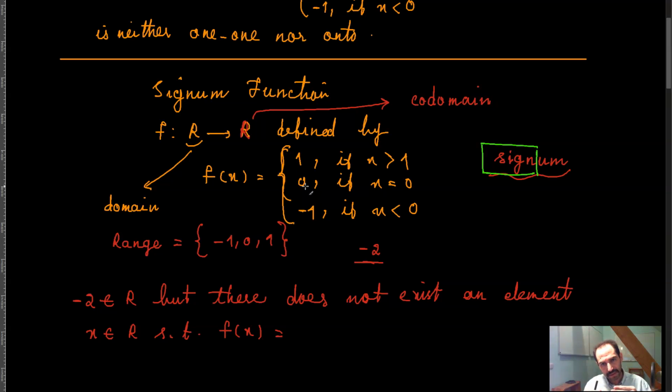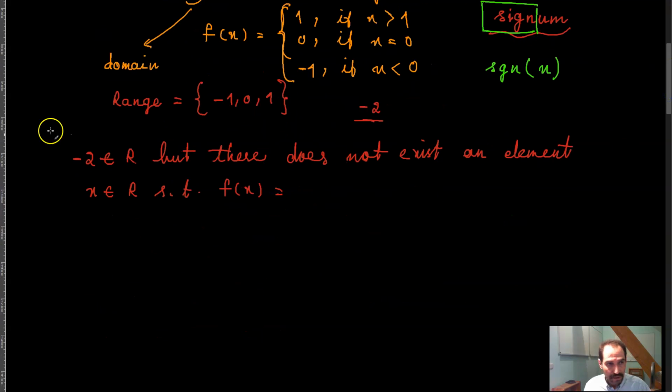If x is any negative number, then your output becomes -1. If x is 0, having no sign, then your output becomes 0. I suppose for the same reason it's been called the signum function, and so the notation of the function has simply been selected as SGN of x.